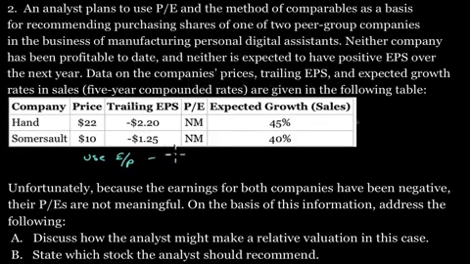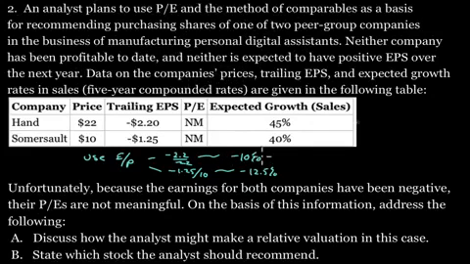And for Somersault, we'd have negative 1.25 over 10. What is this? Negative 10% for Hand, and negative 12.5% for Somersault.